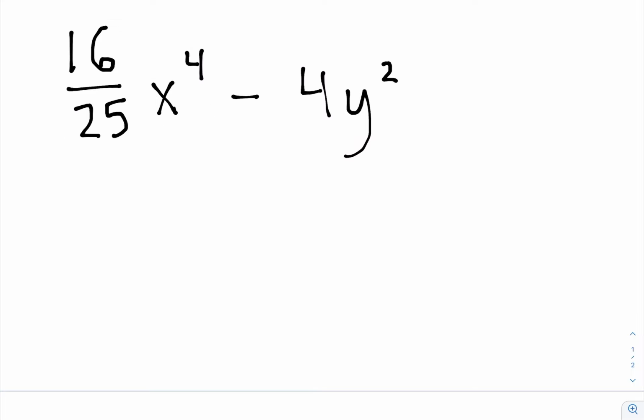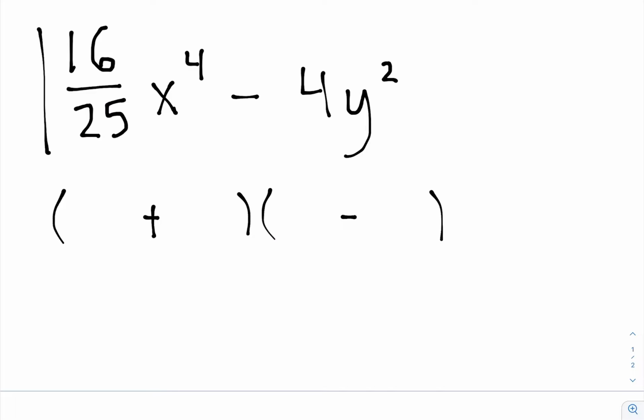So there's no reason we can't use differences of squares to factor this expression because it is being subtracted, right? This 4y squared is being subtracted from the first term, so that's a difference, and they're both squares, so it's a difference of squares. And it's the exact same process as the question we just did, so we add a plus here and a minus here.